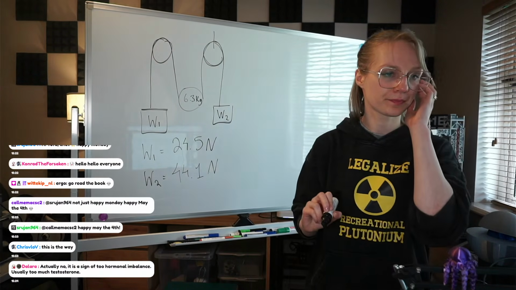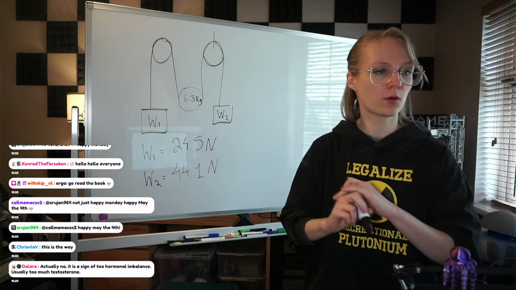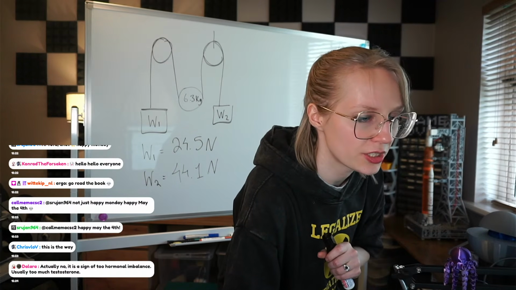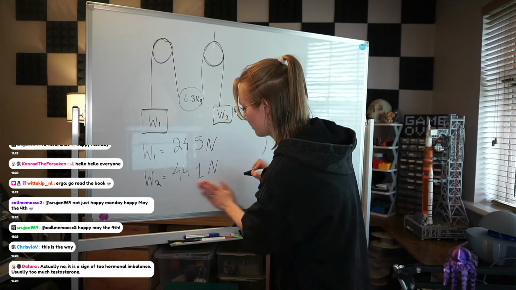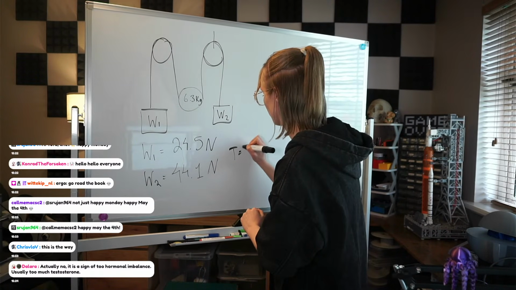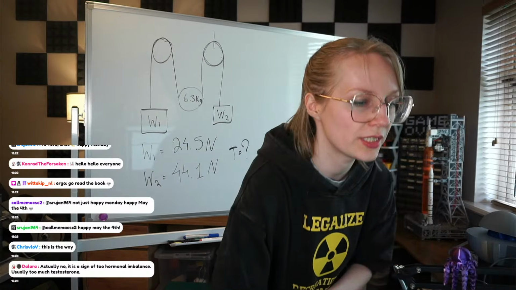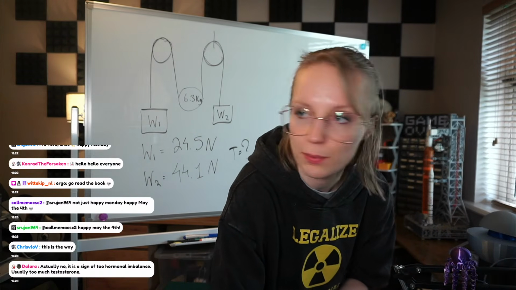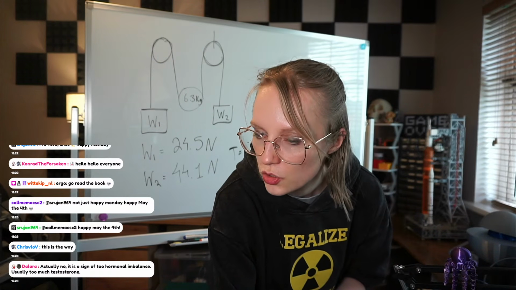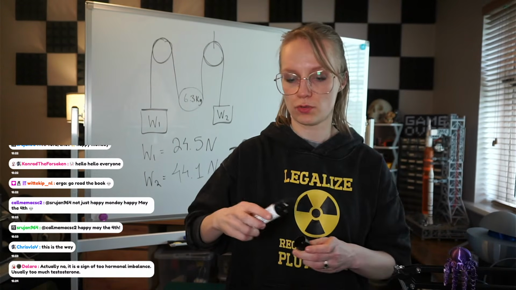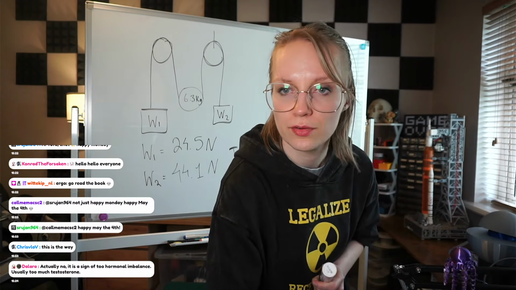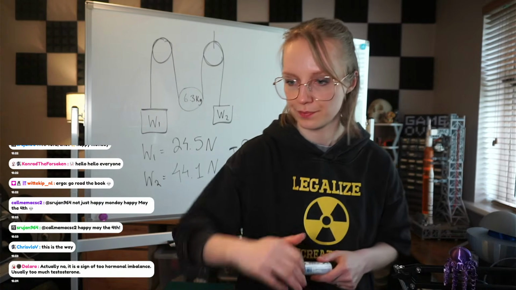And then the question asked, I think, to calculate the tension in the string. What is the tension equal to? So now that I've written the problem on the board, do I have the answer for that? I do have the answer. It's just good to make sure that we're on the right trajectory.